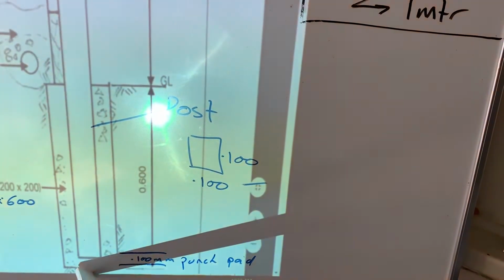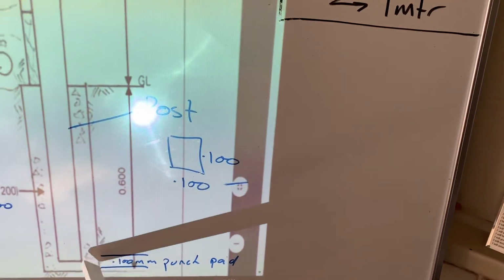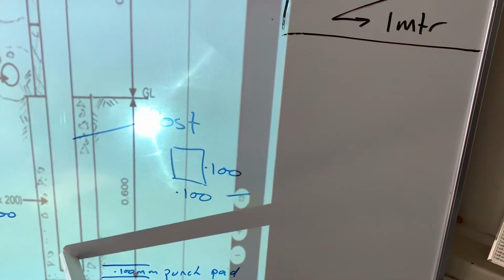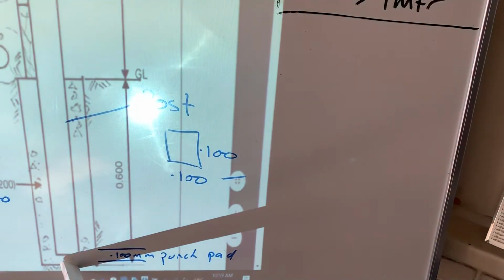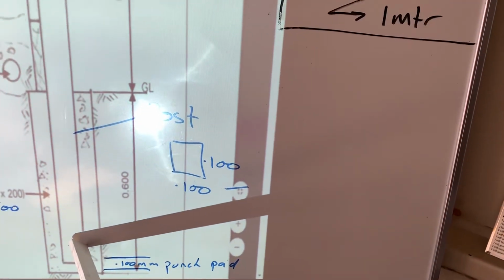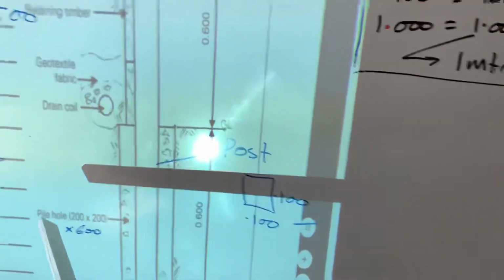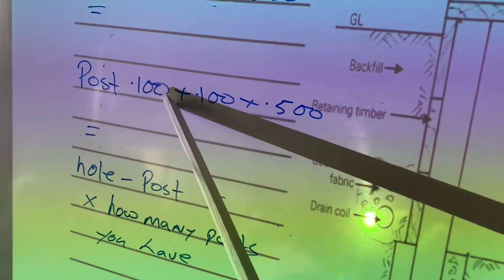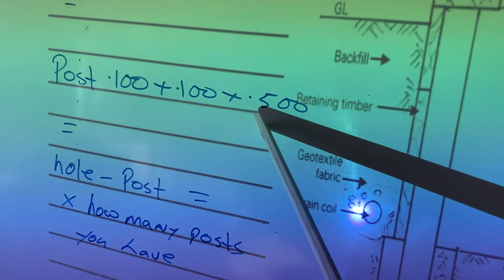Okay, so now we know the size of our post is 100 by 100. That post is only going into the hole 500 because we have that 100 millimeters at the bottom. Now, to calculate that, we simply do the same calculation we use to calculate the hole. So the post is 0.100 times 0.100 times 0.5, which is the depth into the hole.